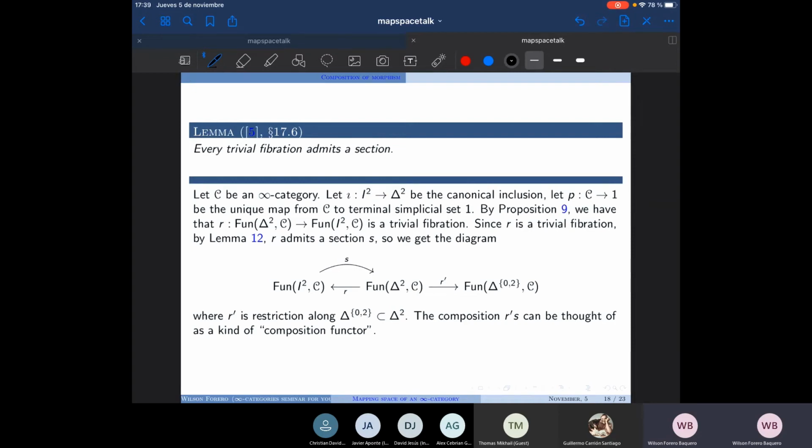So since R is a trivial fibration by the previous lemma, R admits a section S, so we get this diagram. What this means is that we can go from this functor category and then apply R prime and go to this object.